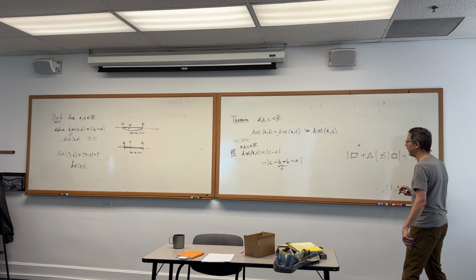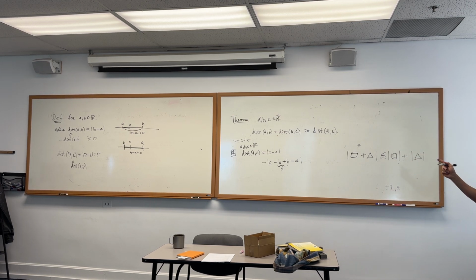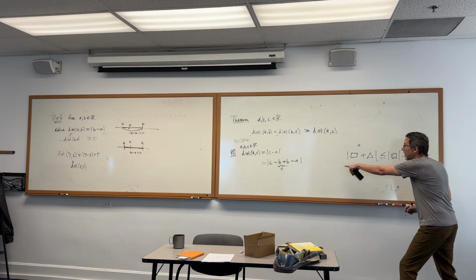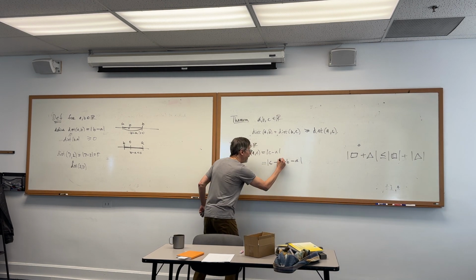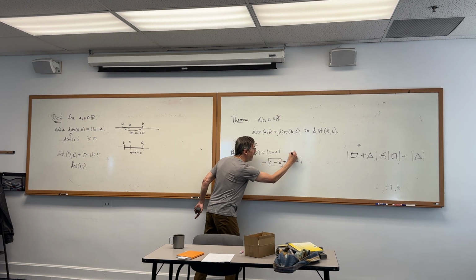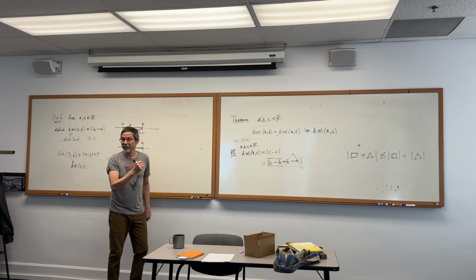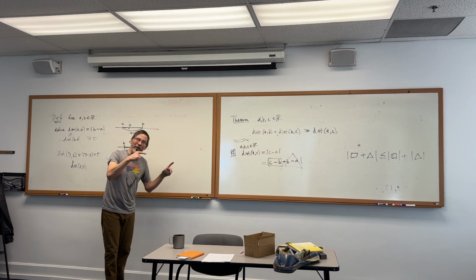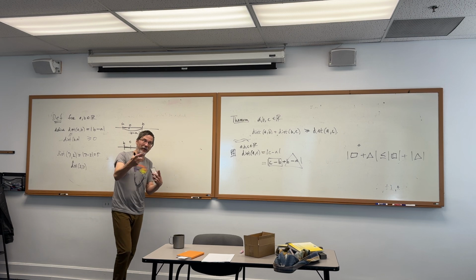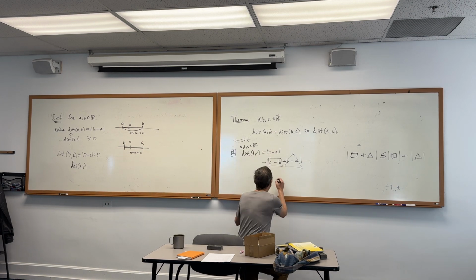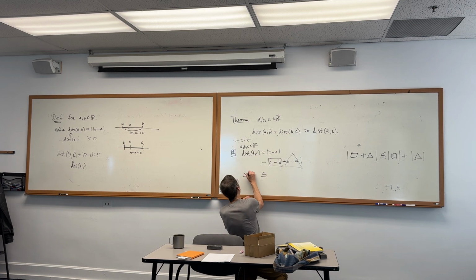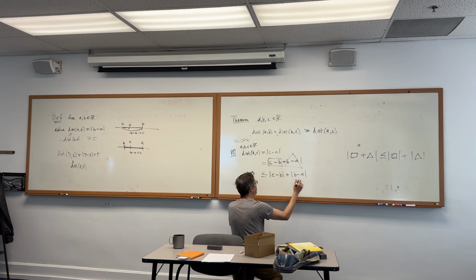And here's where the mind expansion comes, because this is a quantity, and this is a quantity. I'm going to apply the triangle inequality, focusing on those as my quantities. So this is, by the triangle inequality, less than or equal to the absolute value of C minus B plus the absolute value of B minus A.